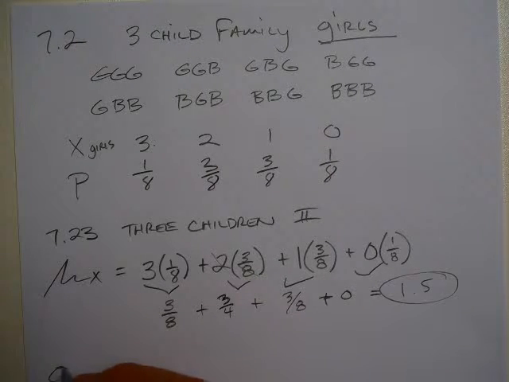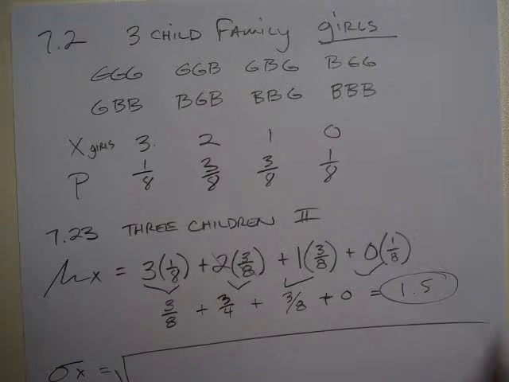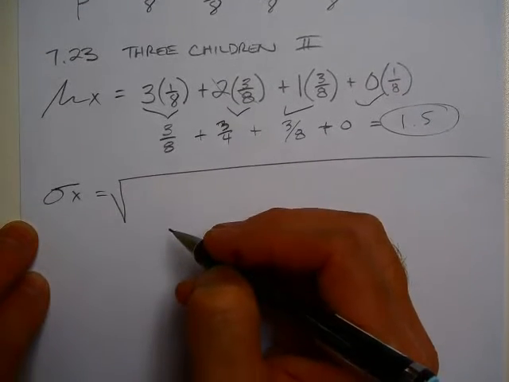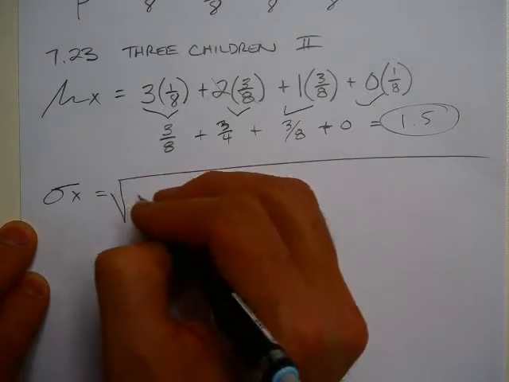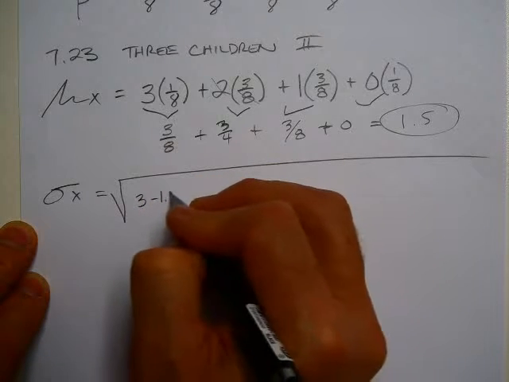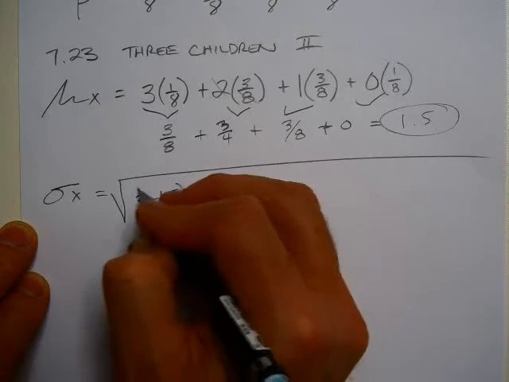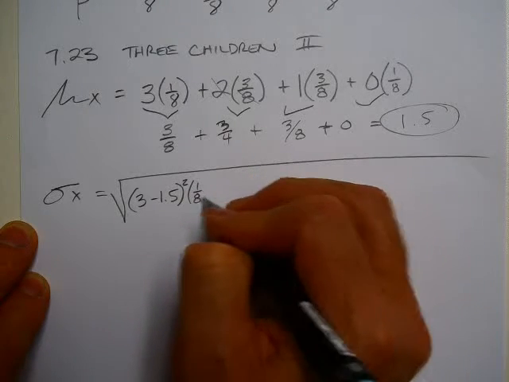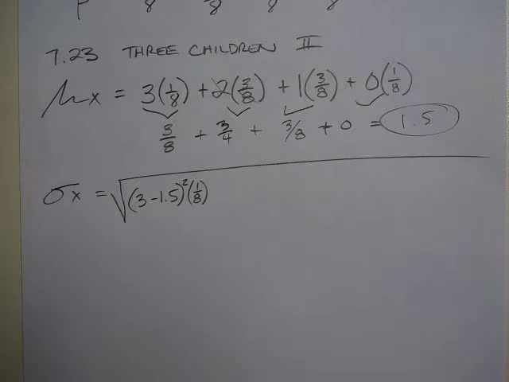So the standard deviation of x is the square root of the first x minus how many we expect, squared, times the probability of getting 3 girls.